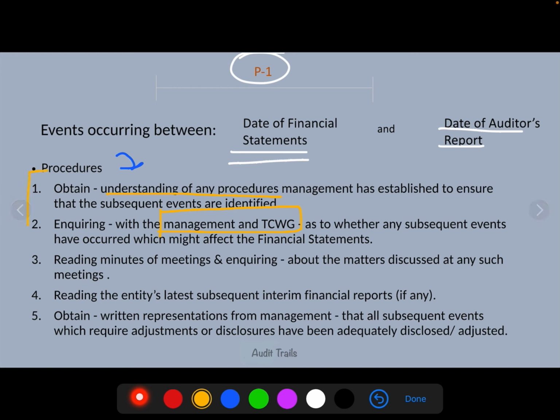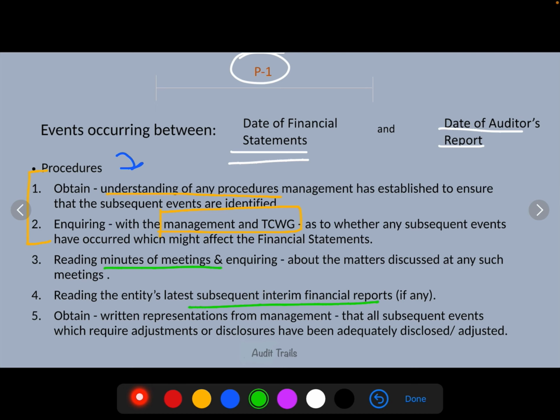Both of these procedures are like the auditor directly going and asking the management for the information they require. But after that, procedures such as reading the minutes of the meeting or reviewing the latest interim financial reports are the auditor's way of digging up information, that is, indirectly searching for information which might have been left out or missed by the management or the auditor, or both of them.